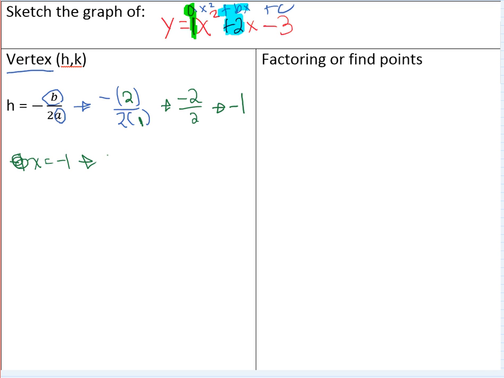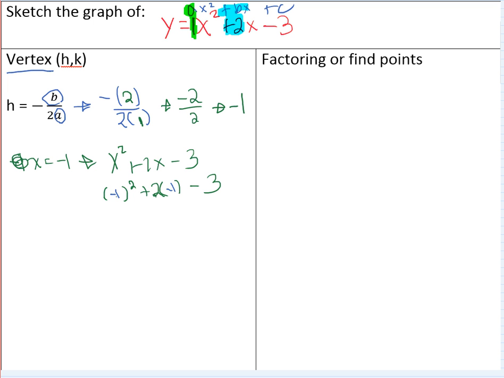So we're going to take 1 times x squared plus 2x minus 3, and we're going to plug in that negative 1. So we have negative 1 squared plus 2 times negative 1 minus 3, and we're going to plug in negative 1 here as well.